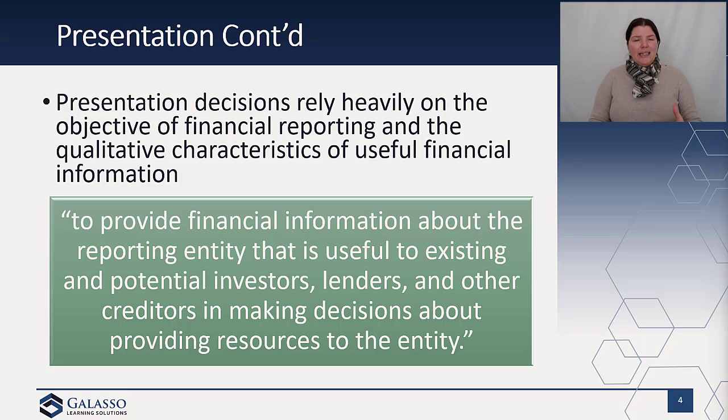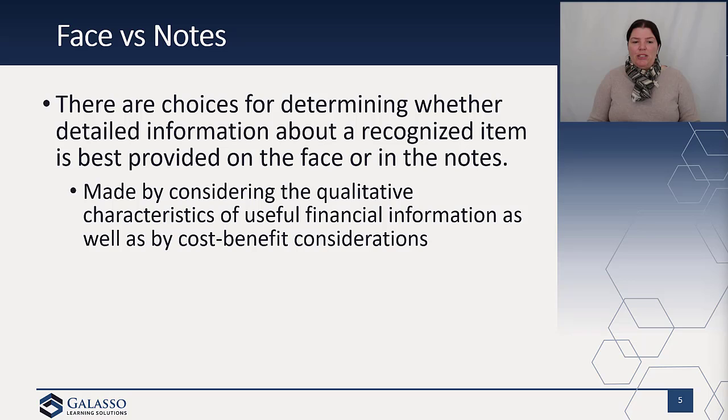So how do we get decision-useful information? Sometimes there are choices for determining whether to put the detail on the face or provide more detail in the notes. And again, it comes back to cost benefit, as well as the decision-useful information we talked about in Chapter 1.